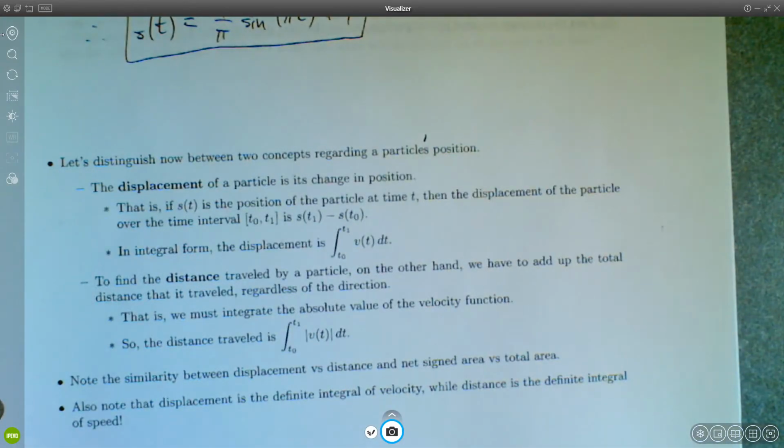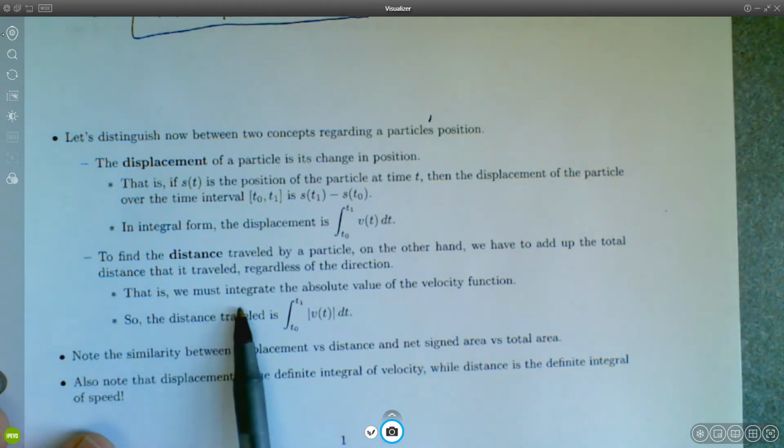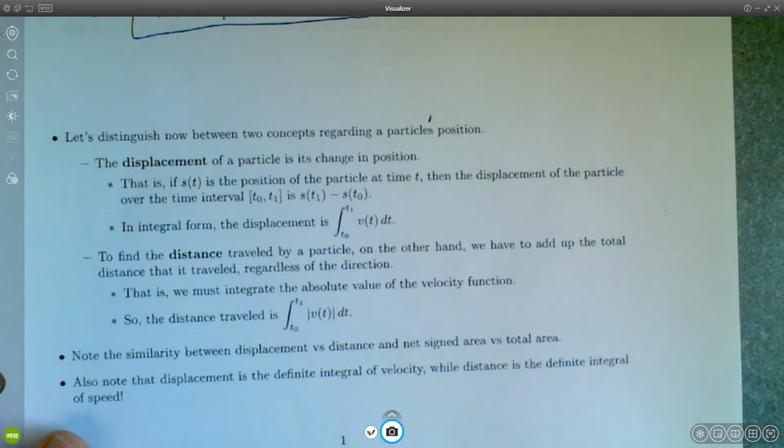But if we were interested instead in computing the entire distance that the particle traveled, regardless of whether it's moving in the positive or negative direction, then we need to add up the total distance. So to do that, we would integrate the absolute value of the velocity function. So the distance traveled would be the integral of the absolute value of the velocity function.